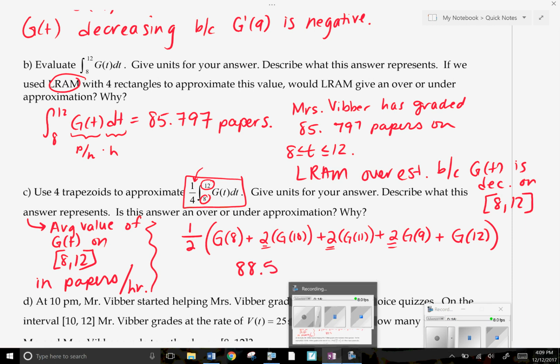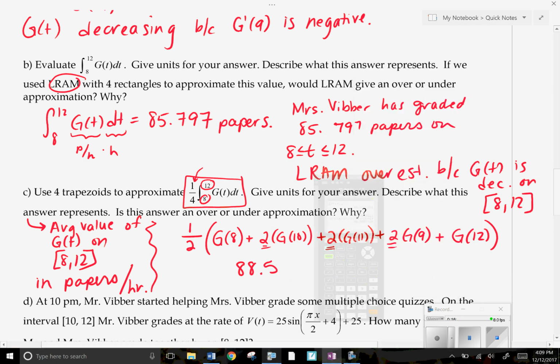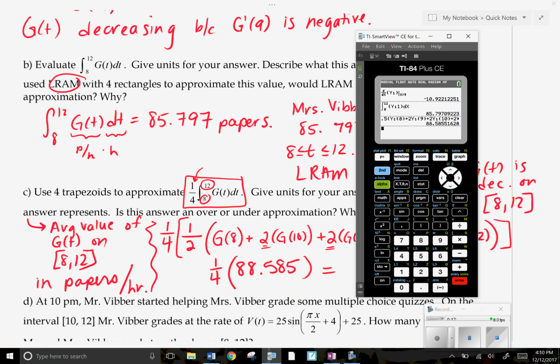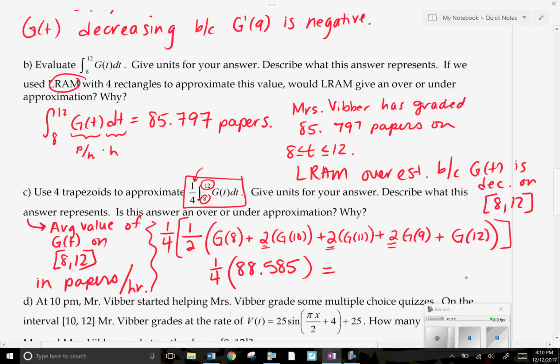And that needs to get multiplied by a quarter, so I'm going to divide that by 4, 22.146. And this is papers per hour. So this is the average rate at which I grade papers.